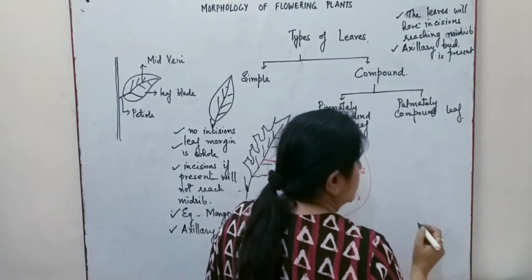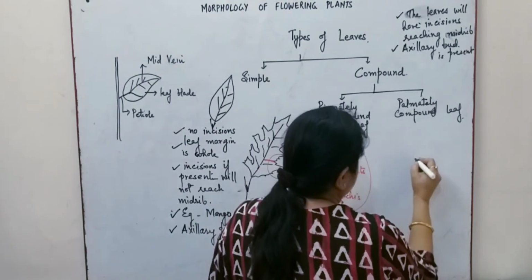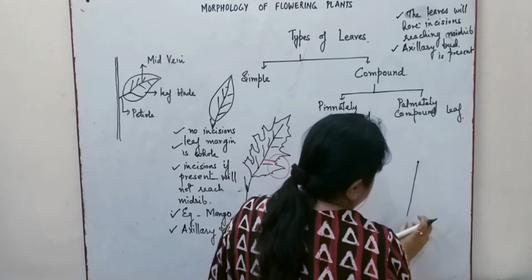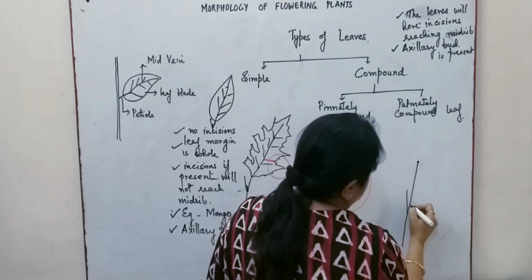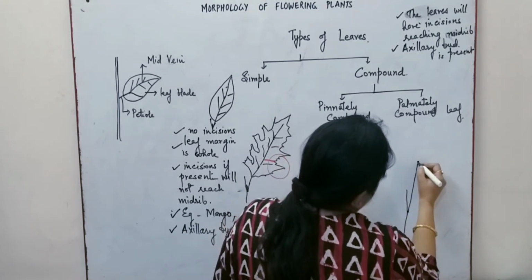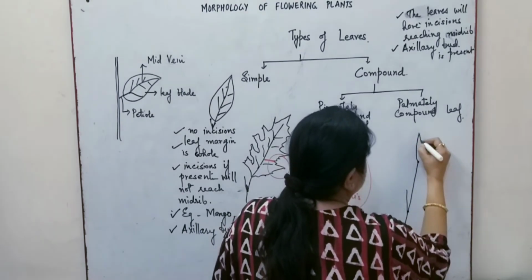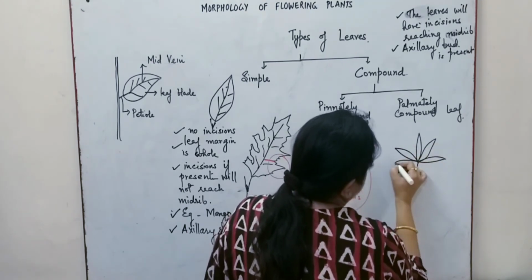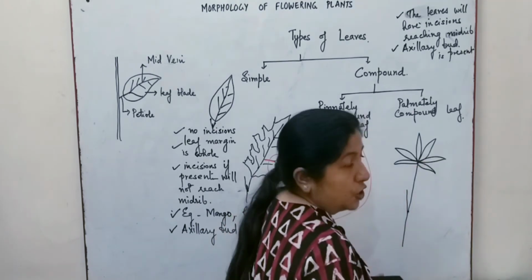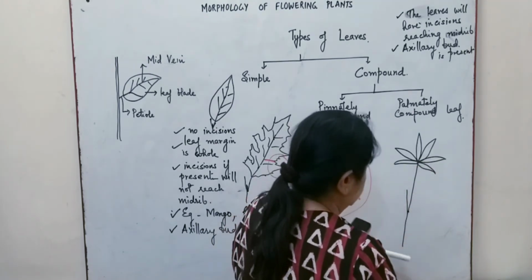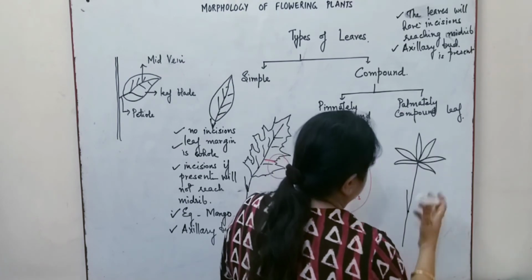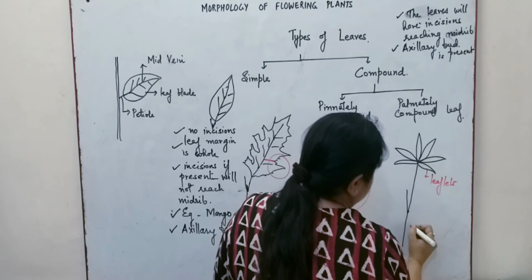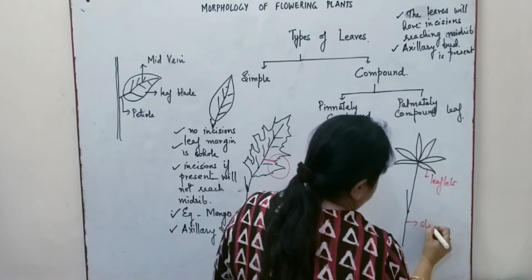Coming to the palmately compound leaf, it will have at the tip of the petiole, this is the part which is attached to the stem. So this is the leaf base and this is the tip of the petiole. And this tip of the petiole will be holding the leaflets. Over here these are the leaflets and this is the stem.